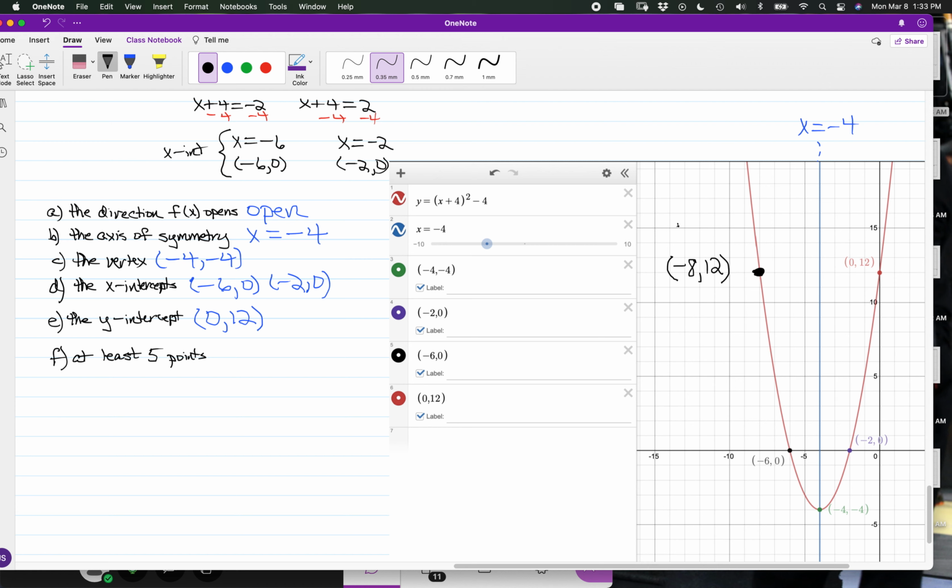It doesn't necessarily have to be this one, but if you quickly use the axis of symmetry, this would be one straightforward choice, something that lines up and is level with the y-intercept. So we have -8, 12 as a possible fifth point to identify.